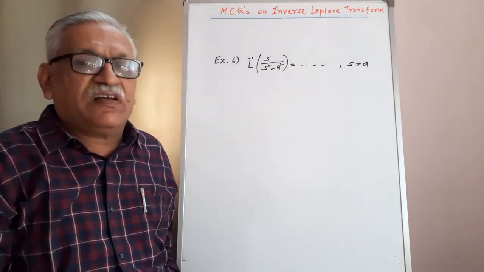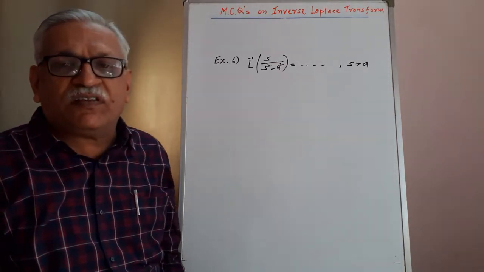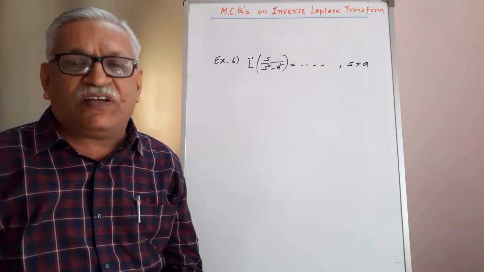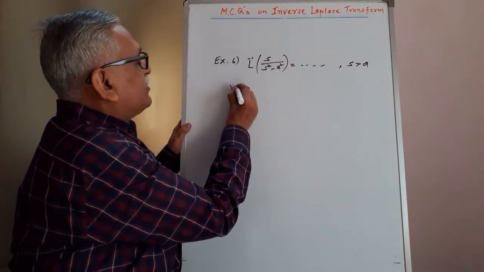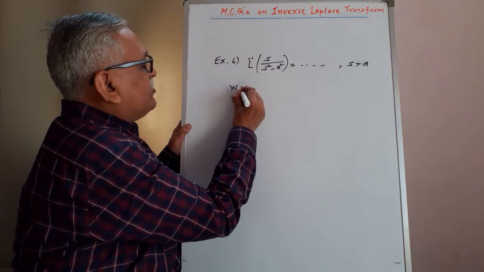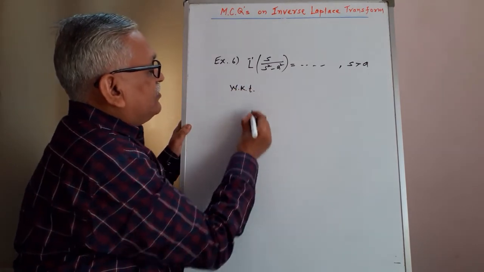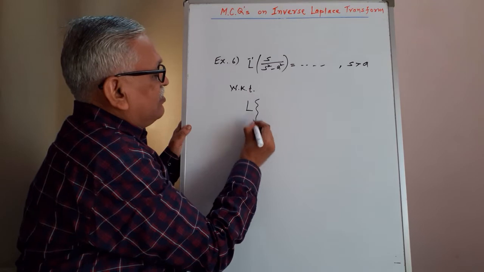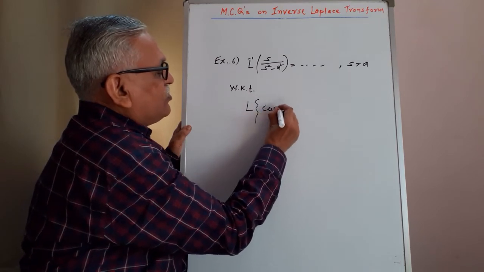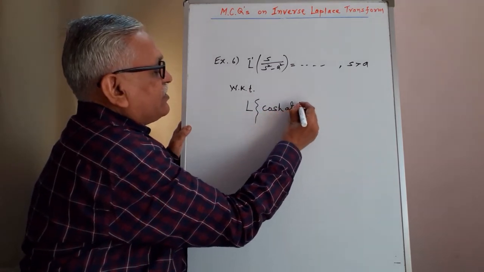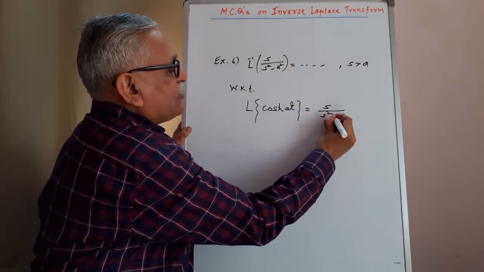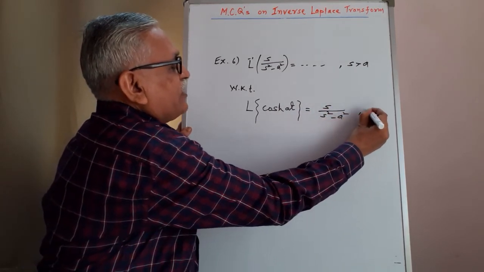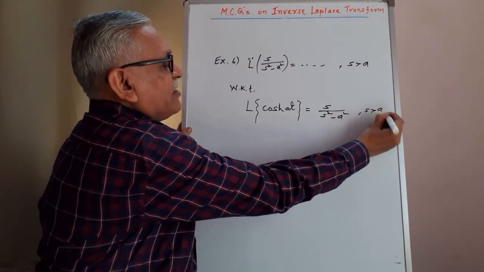Example number 6, find inverse Laplace of s divided by s square minus a square with the condition s greater than a. To find the answer or correct option, we know that Laplace of cosh at is s upon s square minus a square with the condition s greater than a.